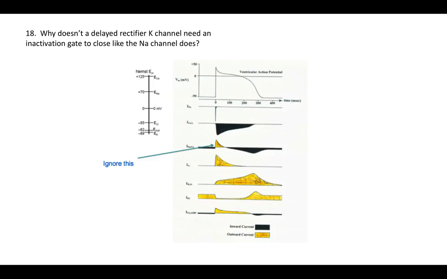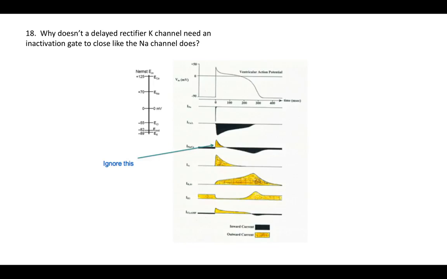So you have a regenerative reaction going on where the high current makes the voltage want to go down. When the voltage goes down, it tends to close that activation gate and therefore shut down your potassium current. And so your potassium current naturally closes the activation gate and naturally closes the potassium channel. And so eventually you end up closed at the resting potential because that's where your activation gate is fully closed.